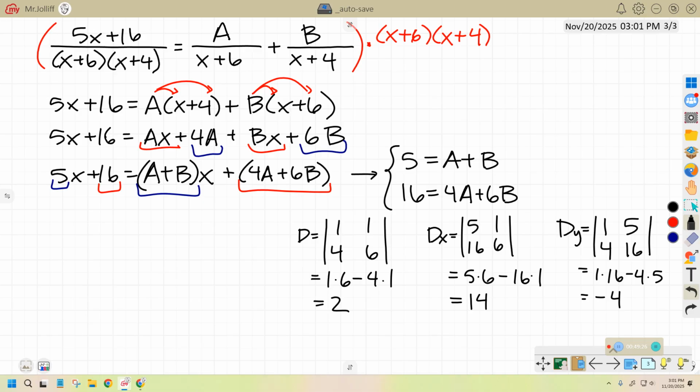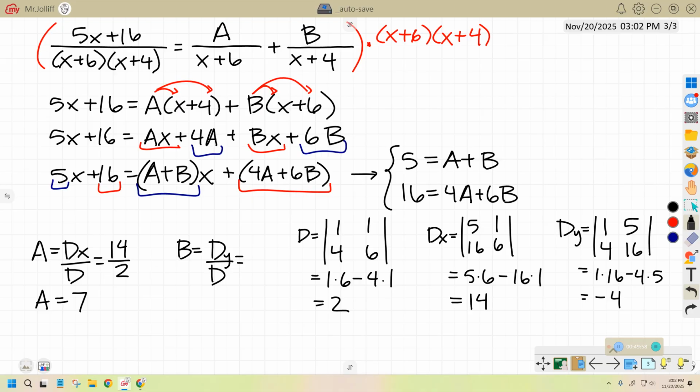And now I have a and b instead of x and y, but the process is the same. A was taking the place of x, so Dx over D. B was taking the place of y, Dy over D. So Dx is 14, D is 2, a is 7, assuming I did that correctly.